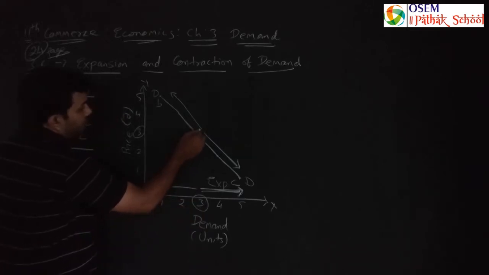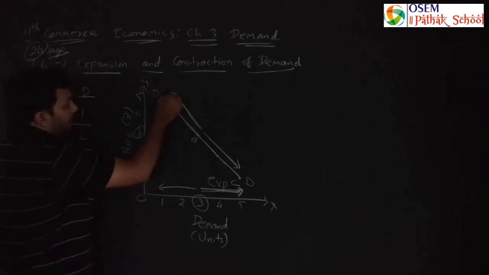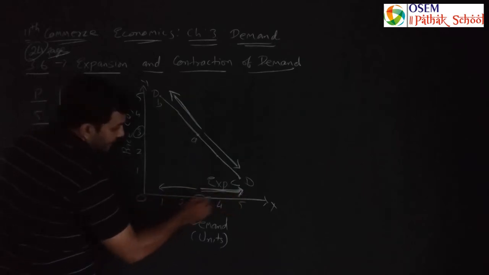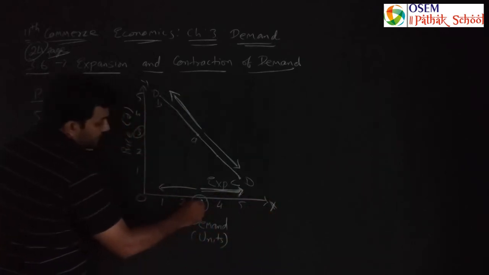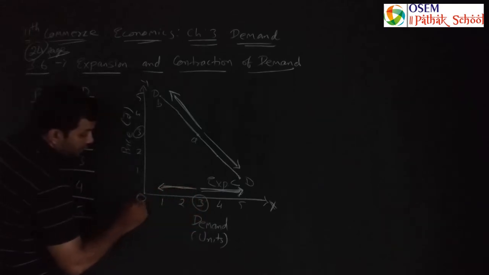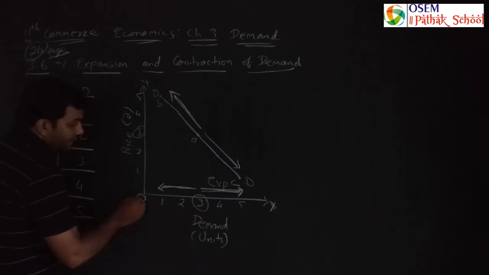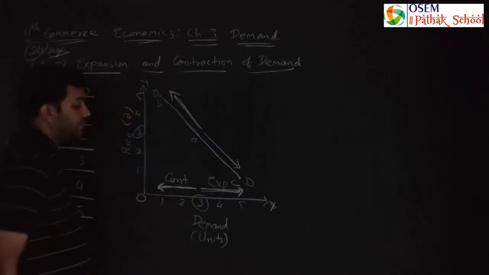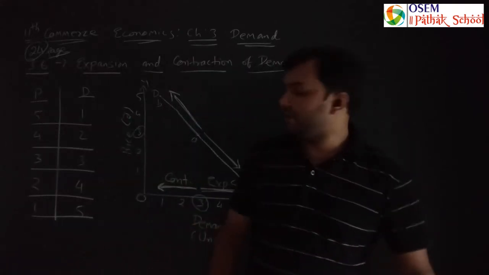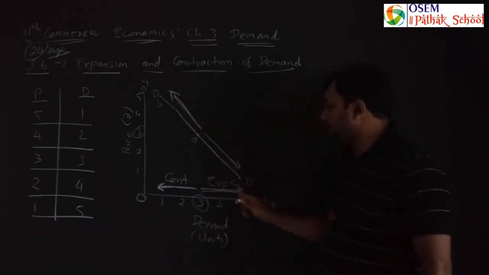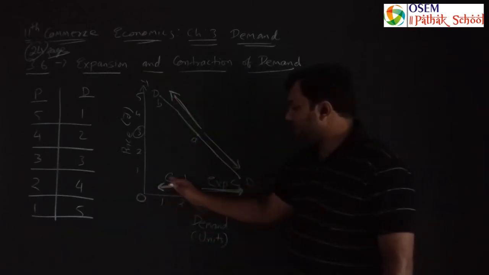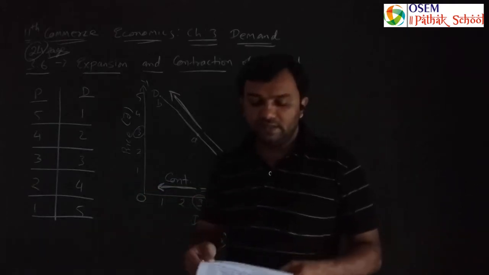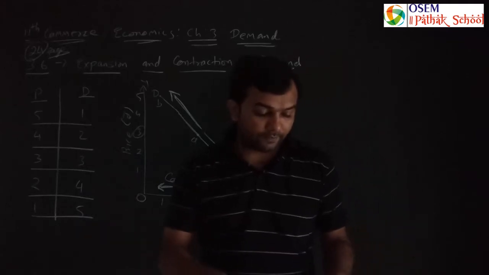So we are moving upward on the demand curve, to the left side, and on the x-axis we can see that it is contracting towards 0, from 3 to 0. This movement is known as contraction. That's why it is called contraction and expansion, movement on the same demand curve. Contraction is moving towards the left side, and expansion is moving towards the right side. The same thing is explained under this topic.